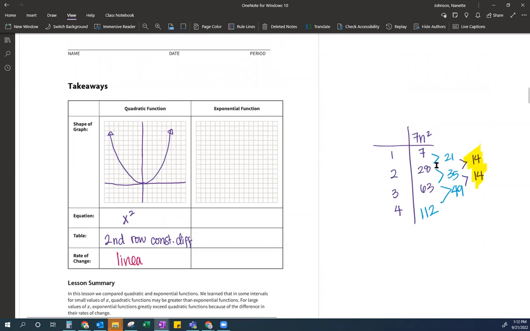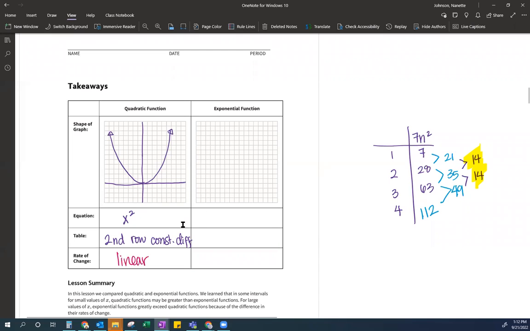Looking at this rate of change, notice it's going up by the same number. So because the rate of change is the same here, we call this rate of change linear. This invokes a linear pattern, not my original numbers.